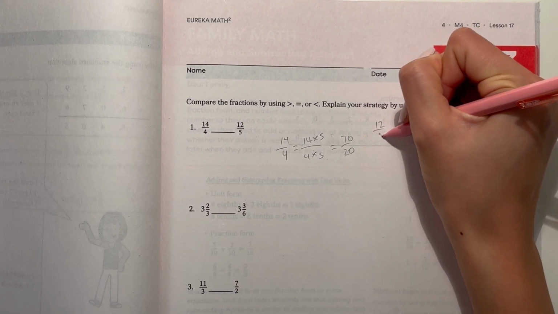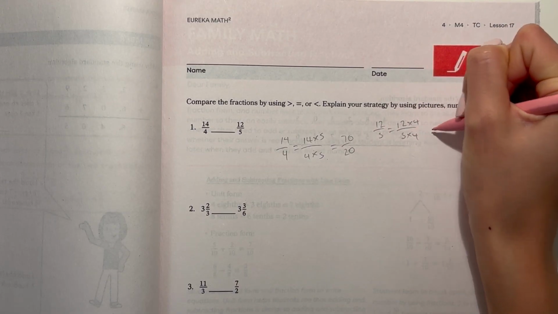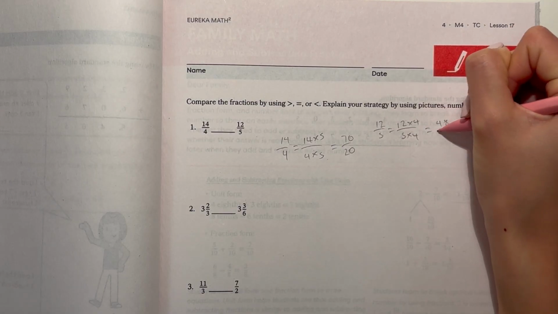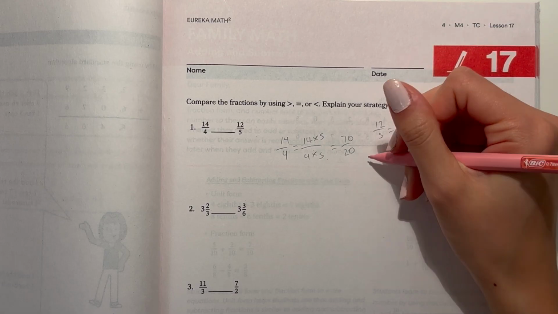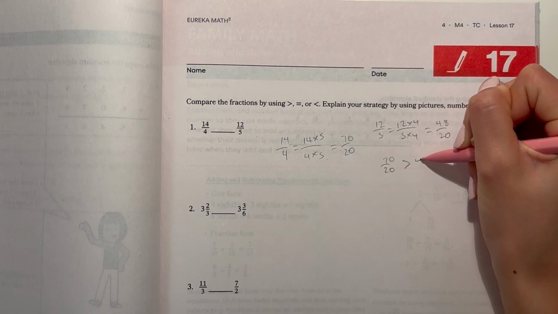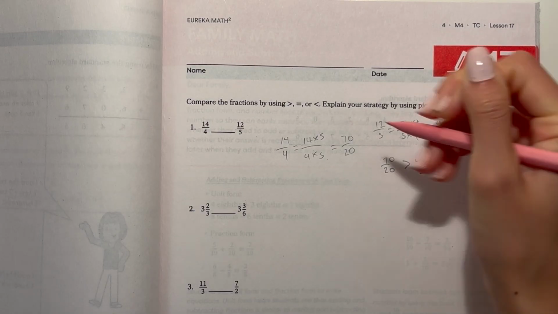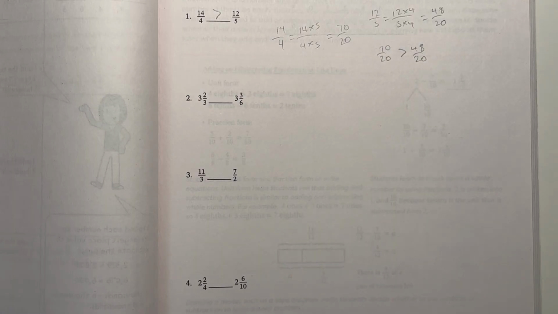And 12/5 equals 12 times 4 over 5 times 4, which is 48 20ths. So you can obviously see 70 20ths is greater than 48 20ths. So 14/4 is greater.